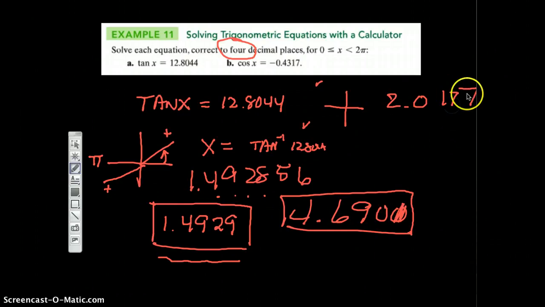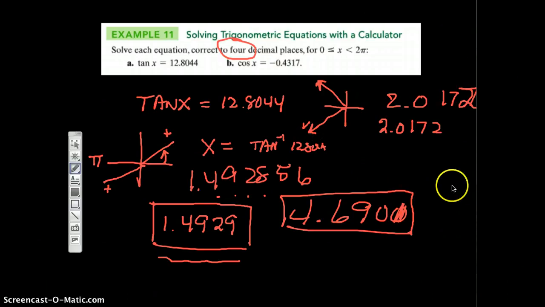Oops, I ran out of room here. 2.0172, okay? So that does make sense. That's over here, okay? So one answer is 2.0172.